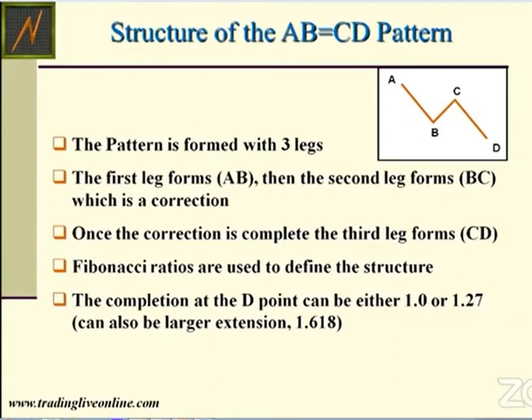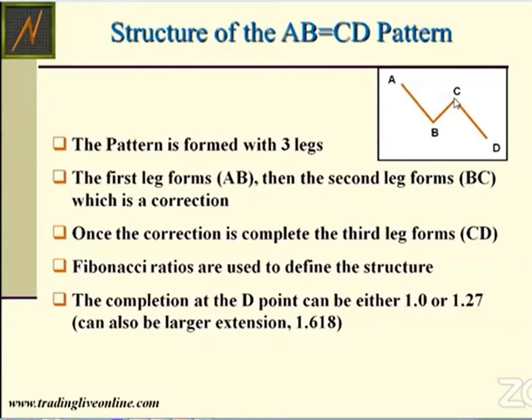Now, we can use Fibonacci ratios to help define this structure, such as the B to C leg. The retracement leg may be anywhere from a 0.382, a rather shallow retracement, to a deeper retracement, possibly around a 0.786, and occasionally they can even be like a double top or a double bottom at the 1.0.